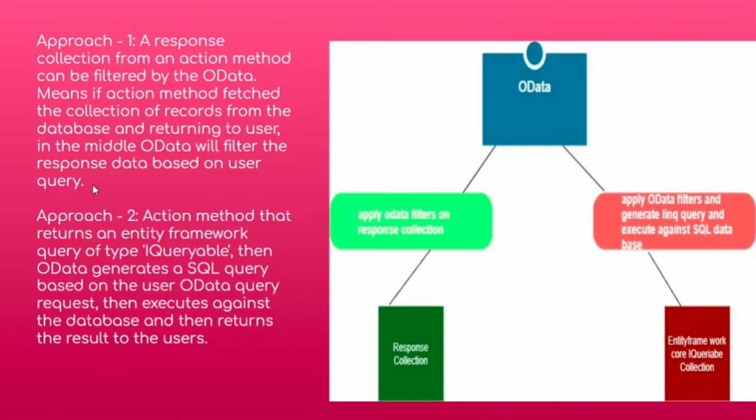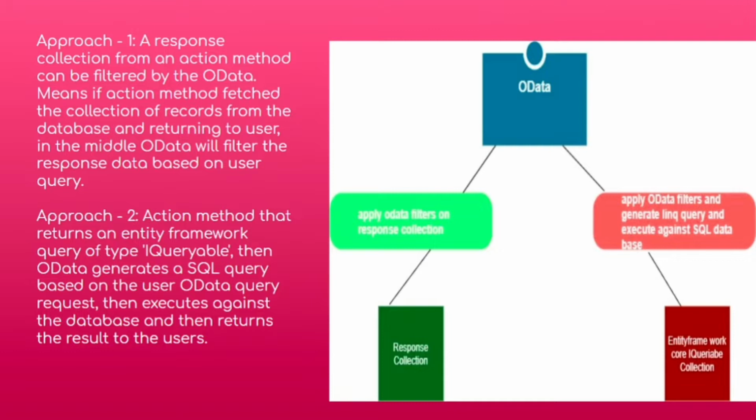Generally in action methods, we return our collection of data, right? We fetch it from the database and return it.